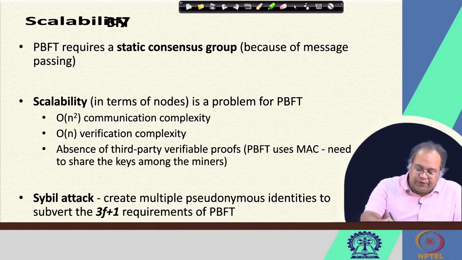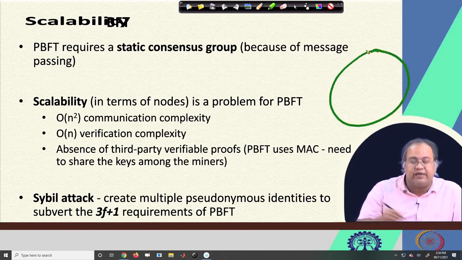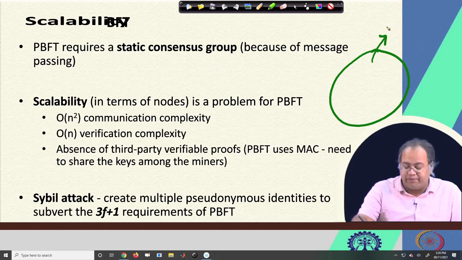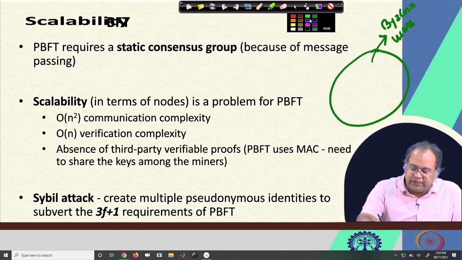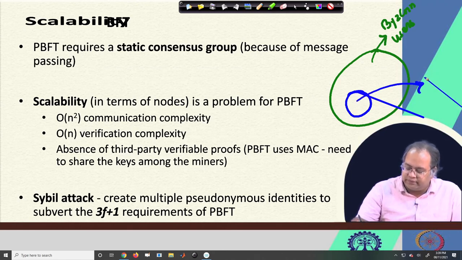Well, you can just think of that, say this is my set of users who are there. I am naming the protocol ByzCoin. So, this is the set of ByzCoin users, and out of those ByzCoin users I am going to select a subset of them. Maybe this set of nodes work as the PBFT verifiers.